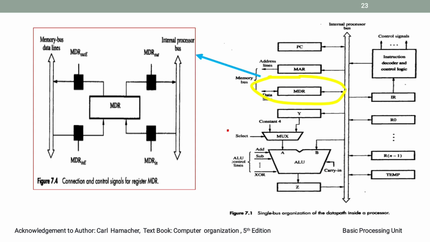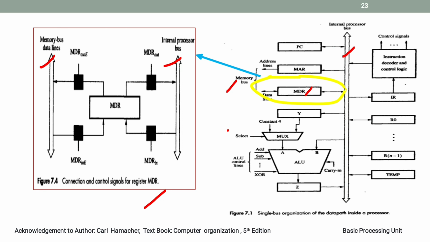Okay. Next we shall discuss how MDR is operated through four control signals. Here is the place of MDR, which comes between the internal processor bus and the external memory bus. It is shown here in magnified form. MDR is connected to the internal processor bus and the external memory bus.